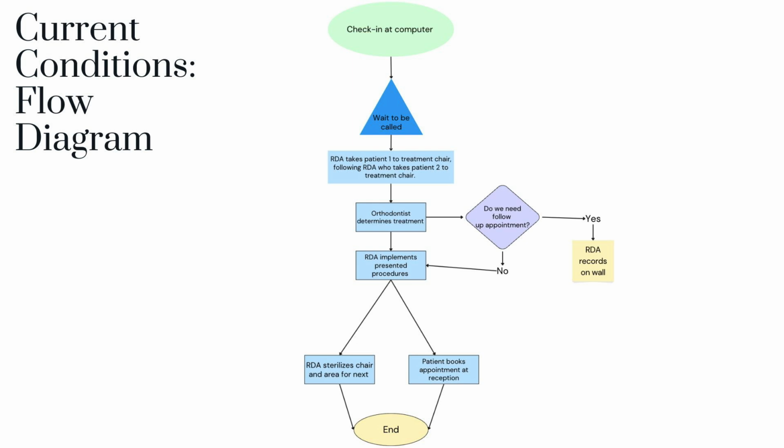After that, an orthodontist will determine treatment, and they will decide whether or not they need a follow-up appointment, and if they do need one, the RDA will record on their wall. After that, the RDA will implement presented procedures. Following the procedures, the RDA will sterilize the chair and area for the next patient, and the patient will also book an appointment at the reception if needed, and that is the end of the flow diagram.